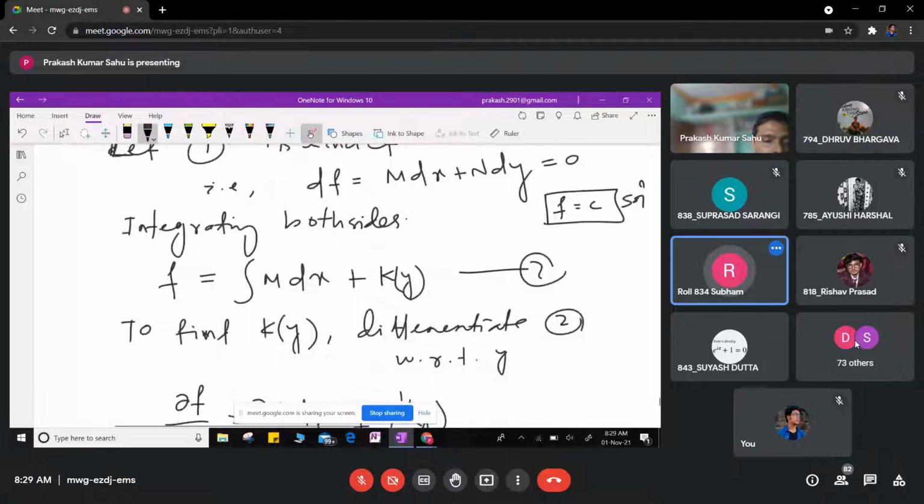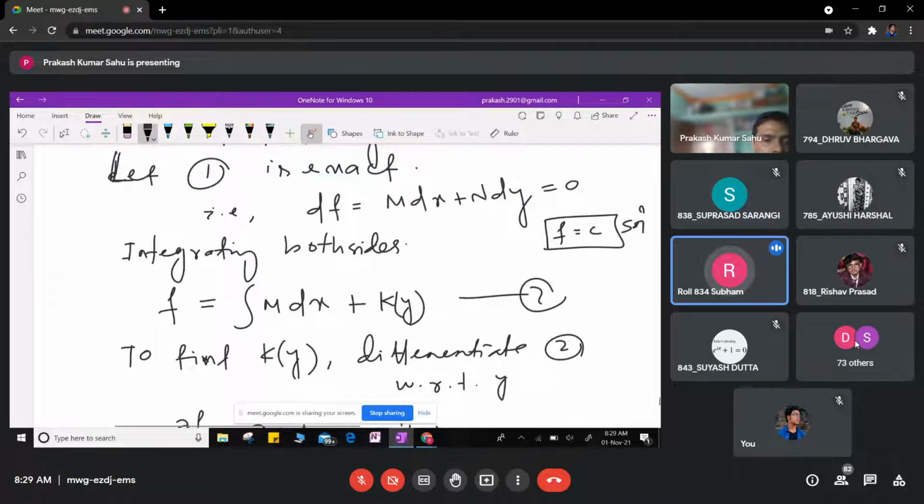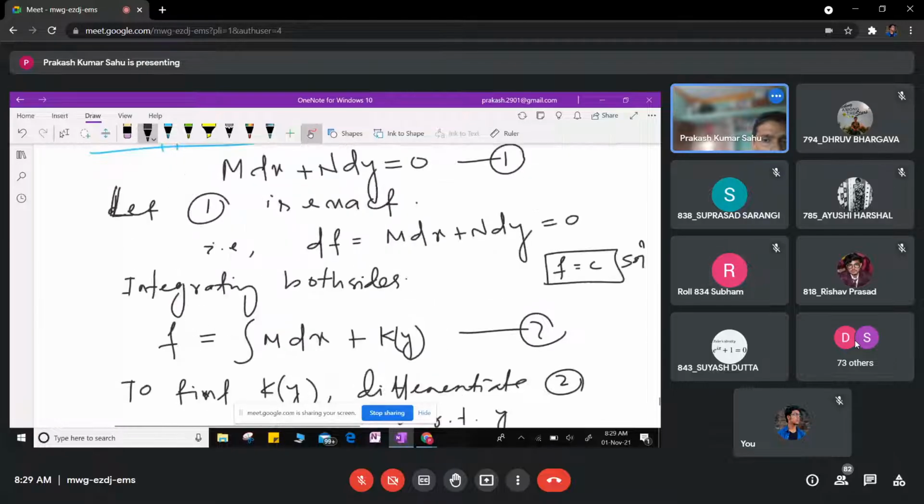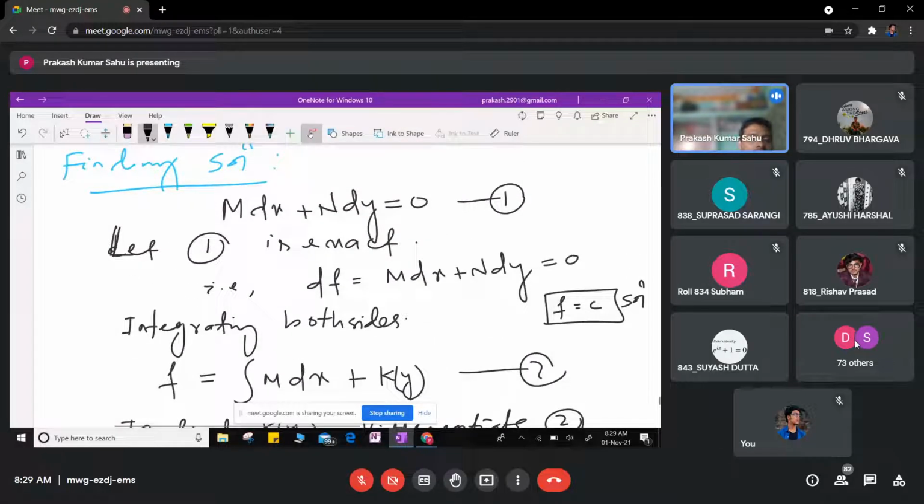Sir, after integrating both sides, tell it once again. Okay, this equation 2. No sir, equation 1. Equation 1 is what? Your given differential equation. Suppose M dx plus N dy is equal to 0. This is your given differential equation. We assume that this differential equation is exact.